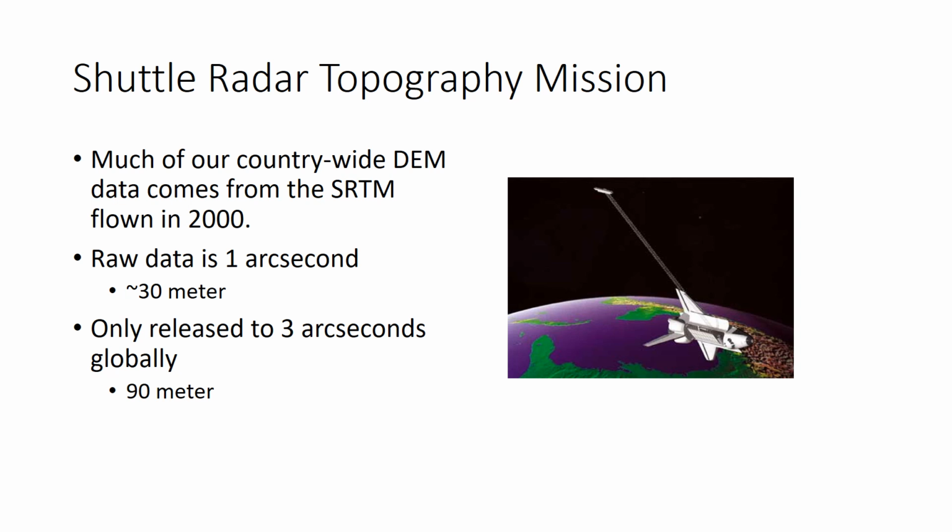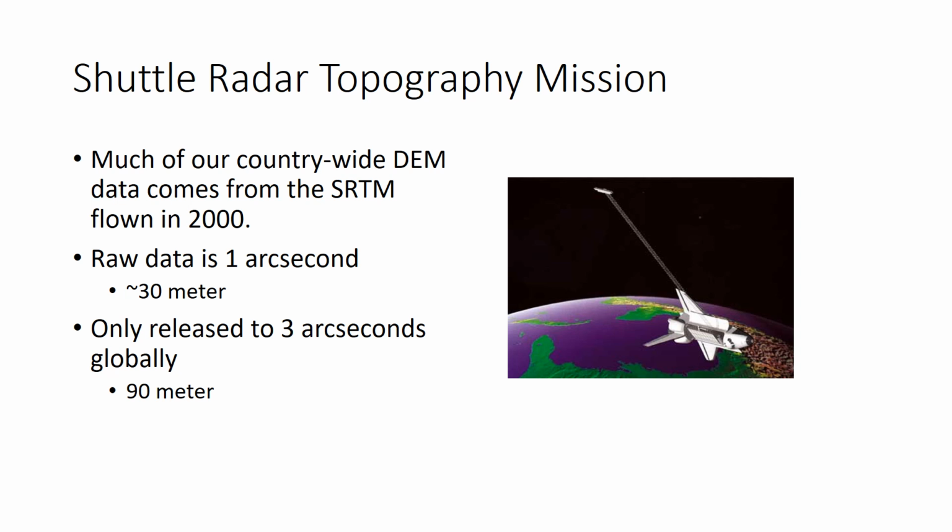Some other data formats or DEM sources, missions, have been flown that have sort of rendered that obsolete. But for a while, it was the case that the National Geospatial-Intelligence Agency, or the NGA, didn't want to release areas outside the United States because they wanted to retain an advantage for the United States.